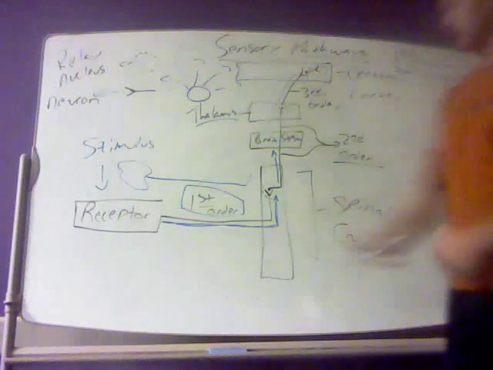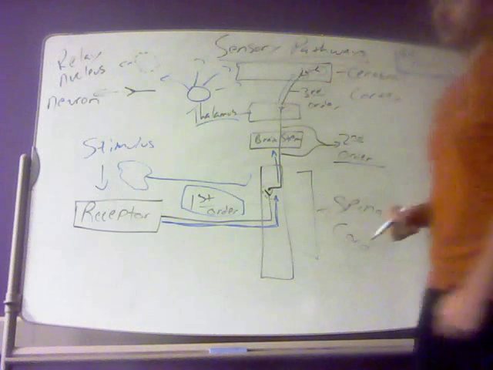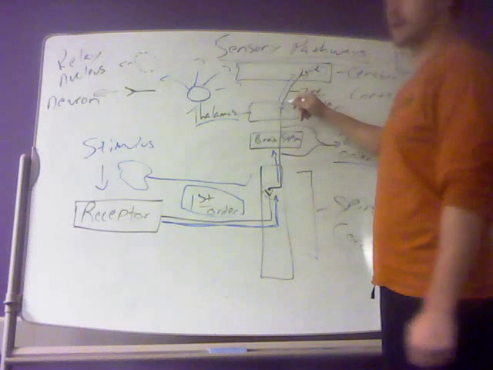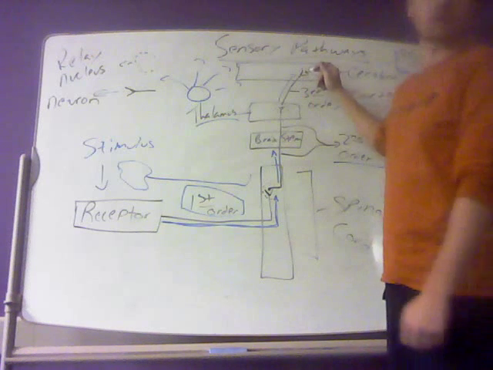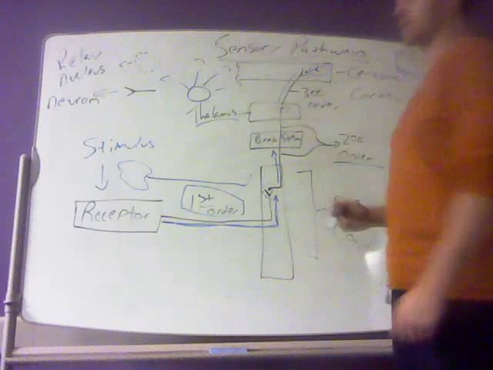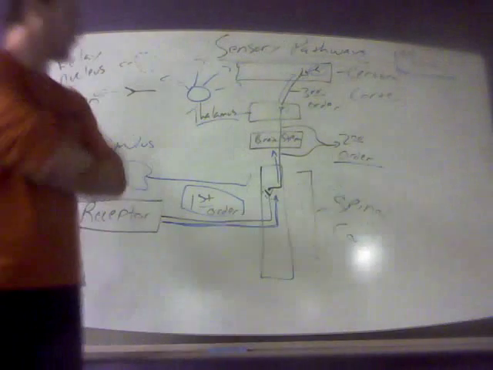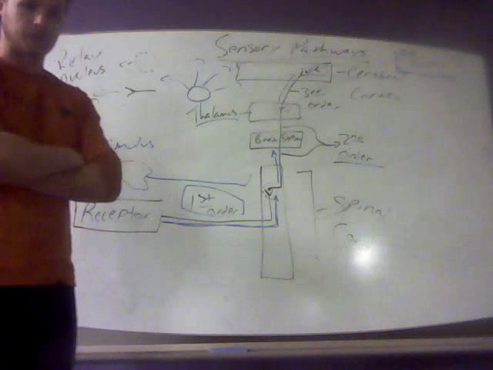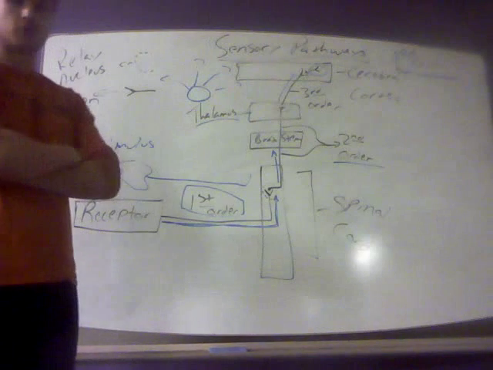So keep this in mind. The four order neuron pathway: receptor to spinal cord, spinal cord to thalamus, thalamus to cerebral cortex, and then all the inner workings of the cortex. All the synapses firing to allow us to consciously perceive the stimulus. Okay. So this is basically how, again, we get sensory information from a receptor to the brain. All right.